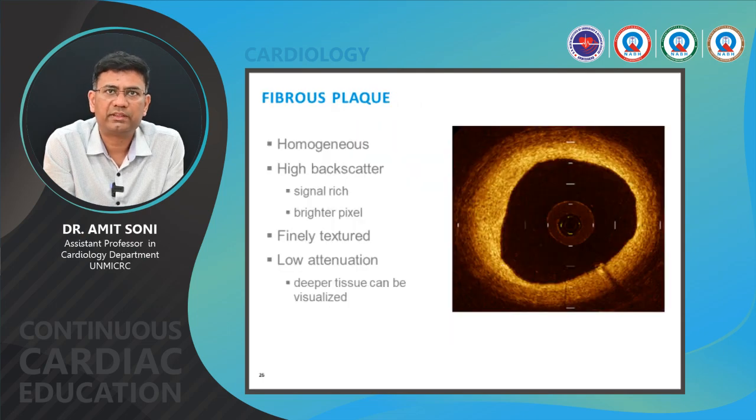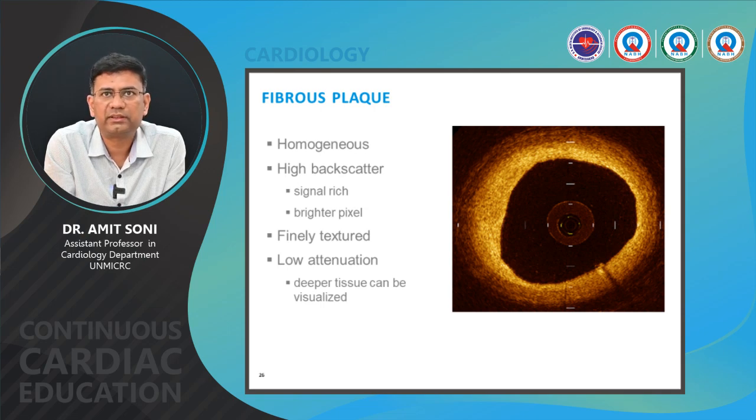This is a fibrous cap that shows high backscatter and low attenuation. It is homogeneous with high backscatter. It looks bright, because high backscatter means a signal-rich picture with brighter pixels, finely textured, and low attenuation means deeper tissue can be visualized.